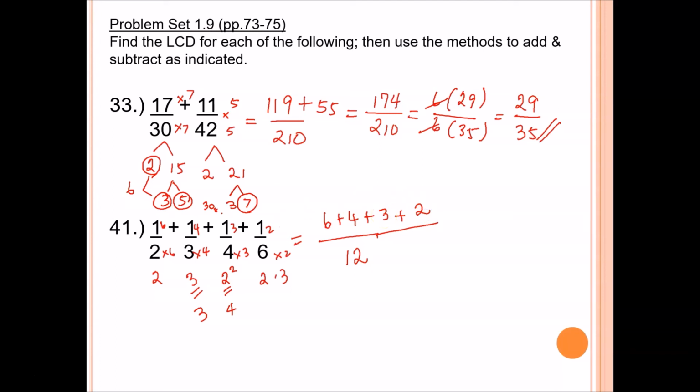Now finally, we can add: 6 plus 4 is 10, plus 3 is 13, plus 2 is 15. So our answer is 15 over 12. Since this is an improper fraction, we can still reduce. We divide both the numerator and denominator by 3, and we end up with 5/4.